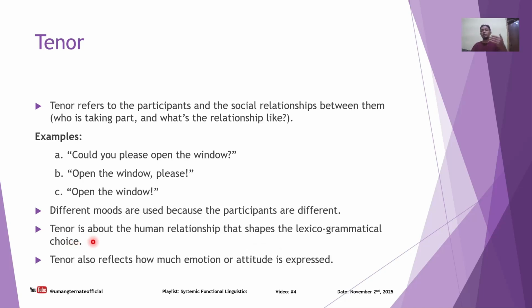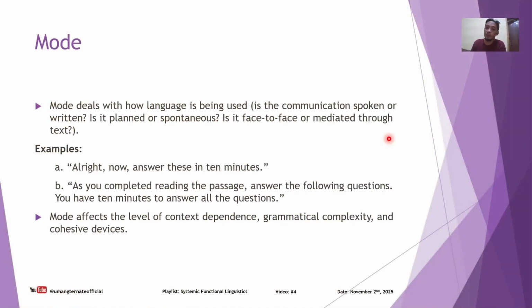So, our relationship with the addressee, or if you are a writer, your relationship with the reader, will shape the way you choose words and structure. The last register variable is called mode, or the mode of the discourse. As you can see here, mode deals with how language is being used.